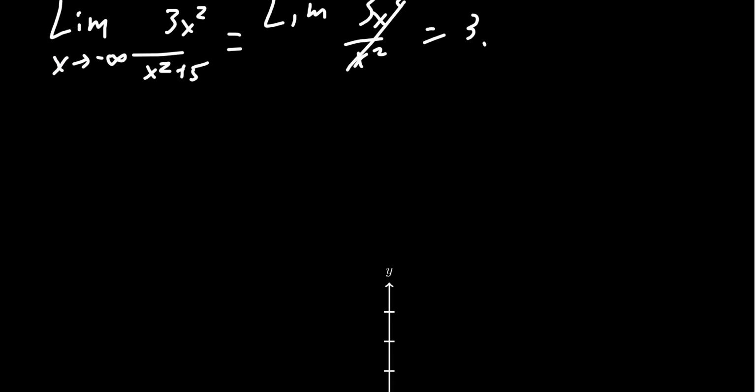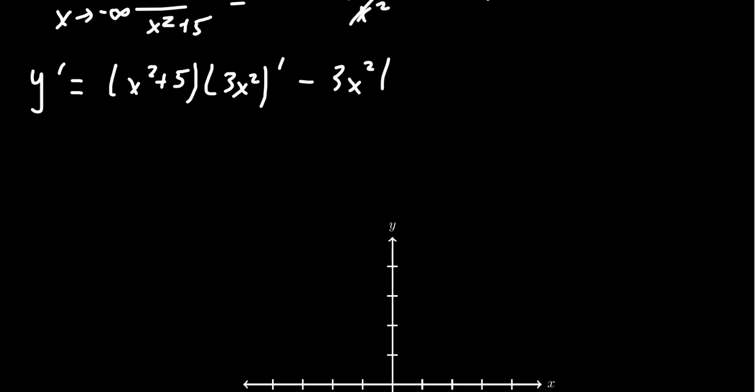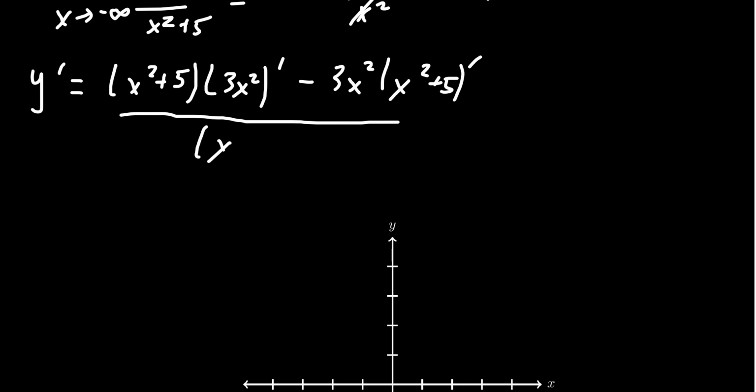All right. Now, with this rational function, the derivatives are going to be a little bit more challenging to calculate. So be patient with me here. The quotient rule is going to be necessary as we look for y prime. So by the quotient rule, sing the song if you have to. We're going to take low, x squared plus 5, d high, 3x squared prime, minus high, d low, square the bottom, and here we go, x squared plus 5 squared, right?